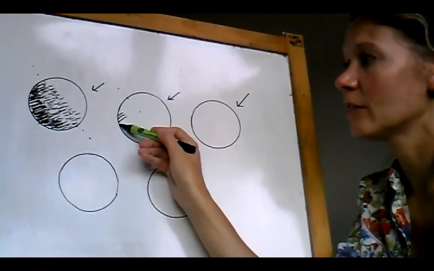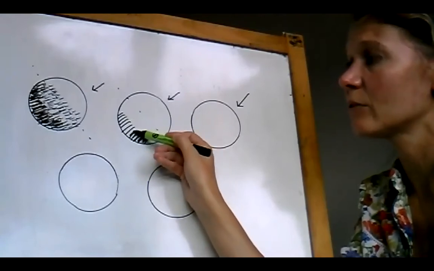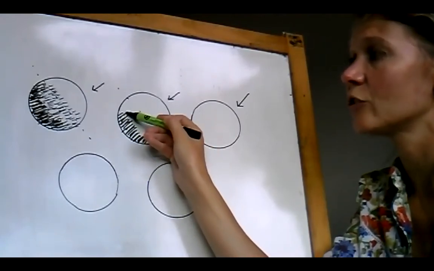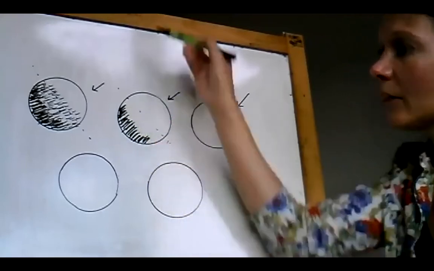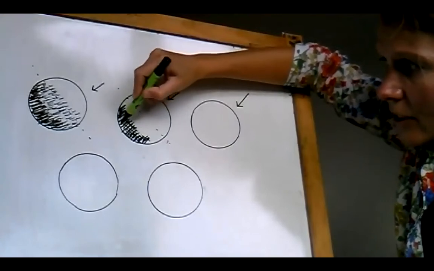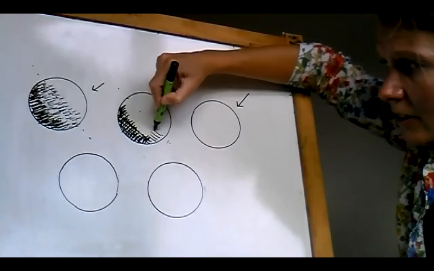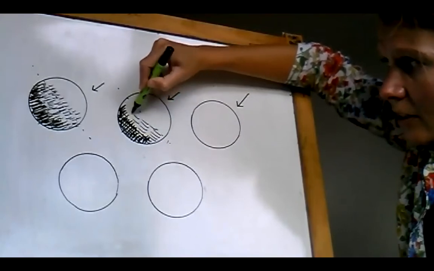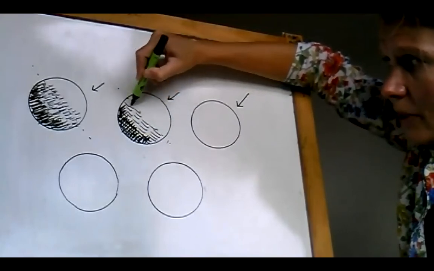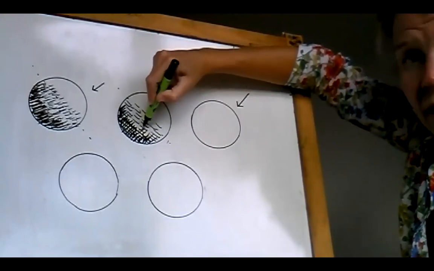So I'm going to start with my, well, they're diagonal lines now really because of the way I've started to draw them on my sphere. And then go the other way, nice and close together because this is the darkest part. And now I'm going to start to get a bit more spaced out. And then going the other way.